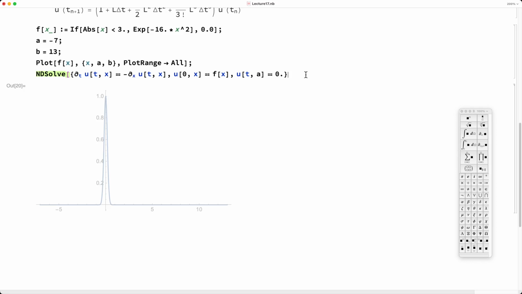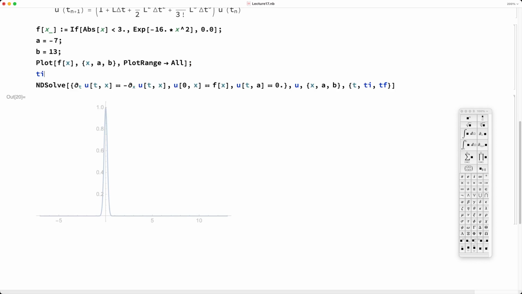And now we specify that this is the variable we're solving for, it's u, and then x goes from a to b, and then t goes from t initial to t final, which we haven't specified yet. So let's do that.